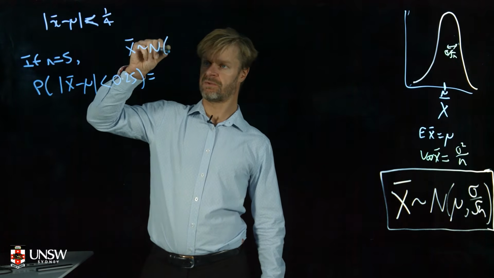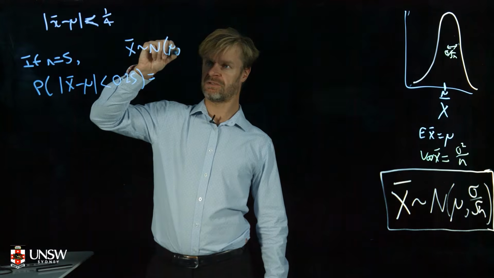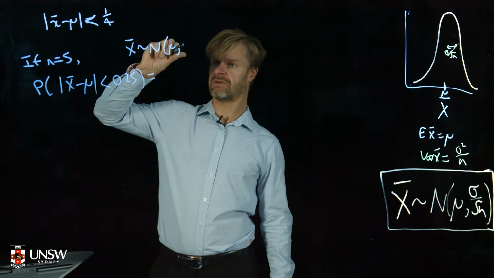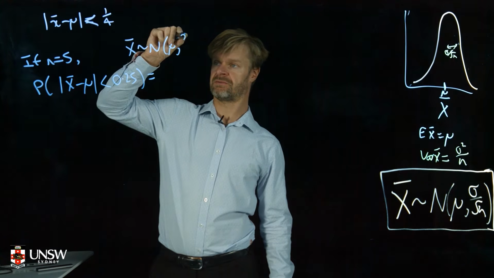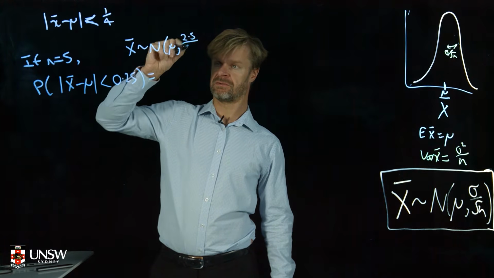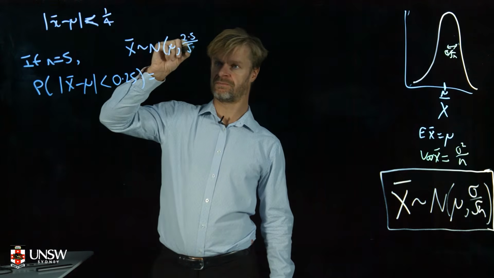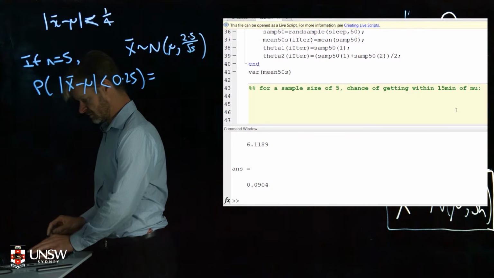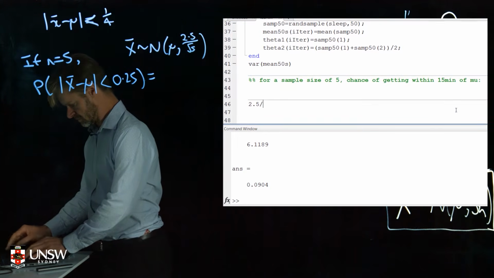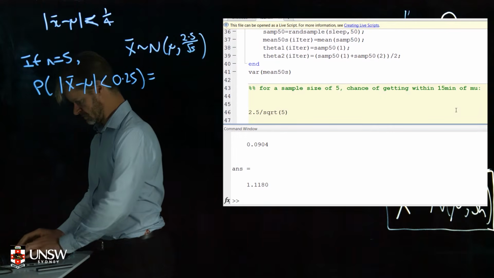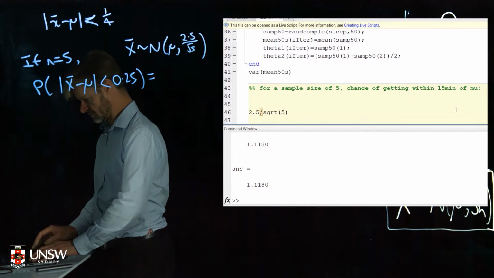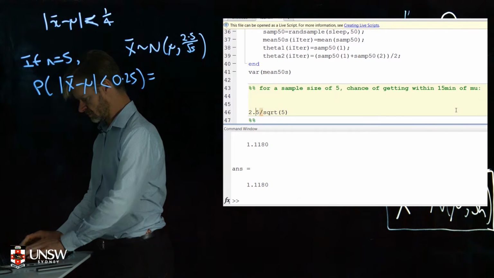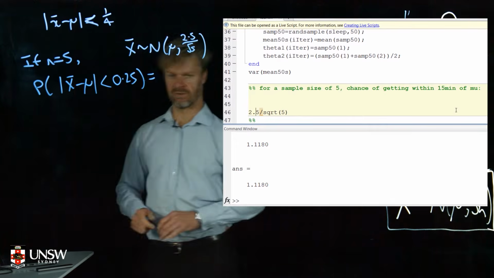We know x bar is normal, centered on the true mean, with standard deviation sigma on root n. So sigma is 2.5, n is 5. So what's that equal to? All right, 1.12.